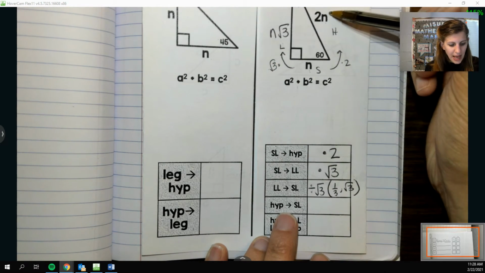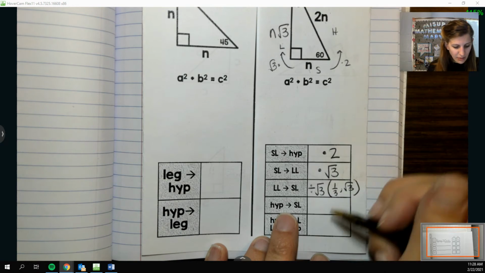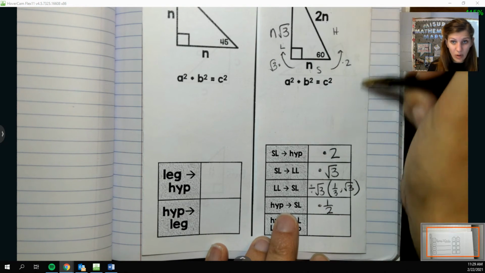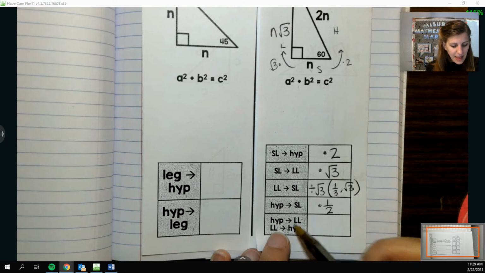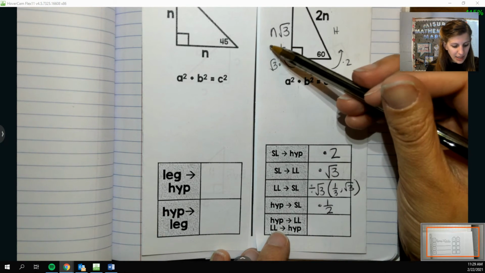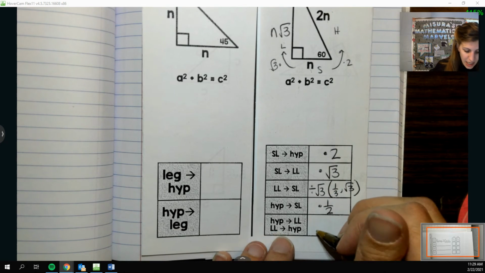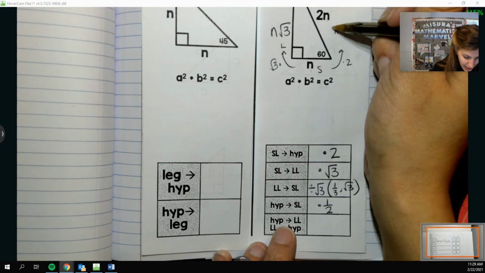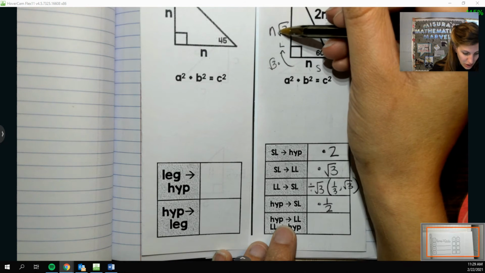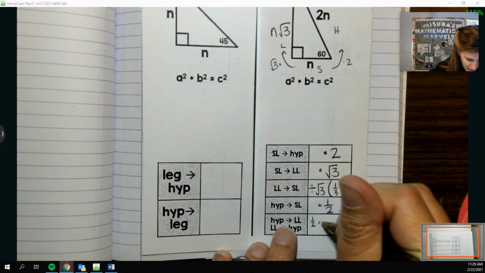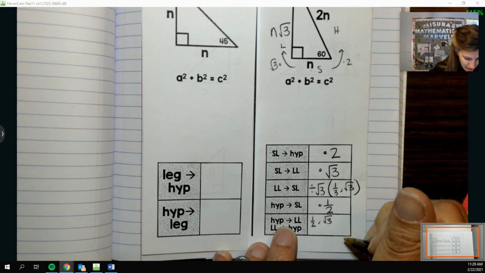Let me just go backwards. When I want to go from the hypotenuse to the short leg, we take half. So we're just going backwards. And if we go from hypotenuse to long leg or long leg to hypotenuse, you want to do that intermediate step. If you're going from the hypotenuse to the long leg, you take half and put a root 3.